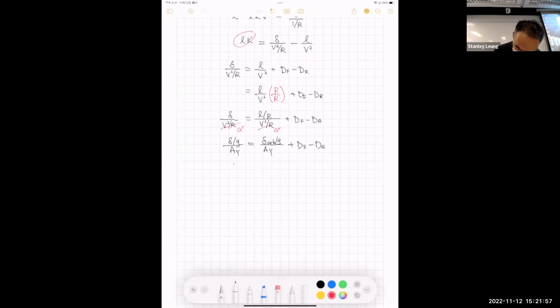Okay, so just take away del over AY equals to AY plus dF times G minus dR times G. Okay, so this is the steering how many G?